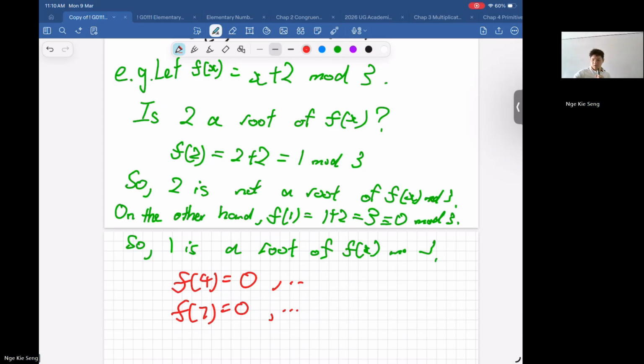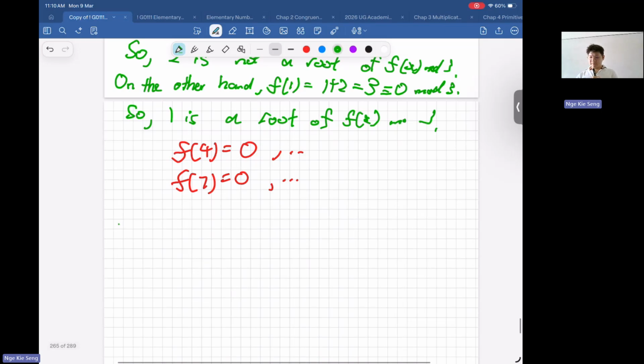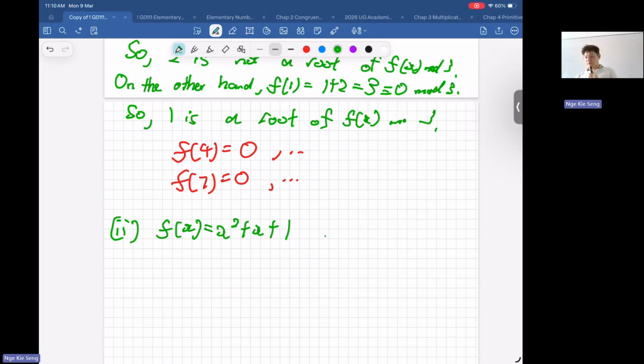Maybe a few more examples. Second example: how many roots does f(x) equals x squared plus x plus 1 have? I haven't told you what the mod is. Mod 7. How many roots? Actually, there are 2.